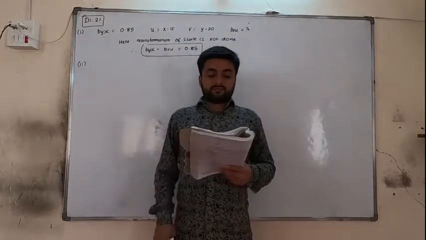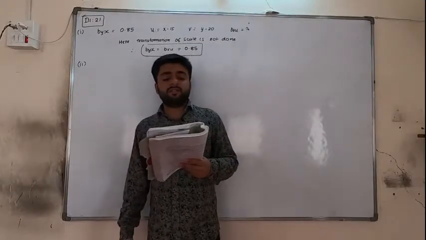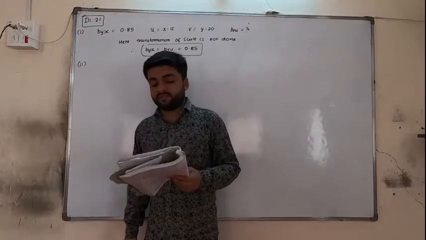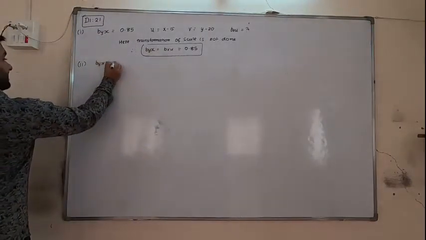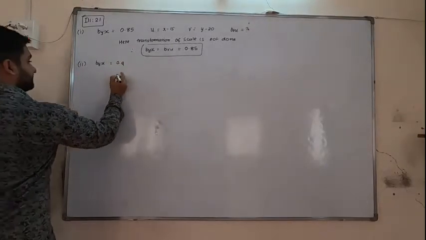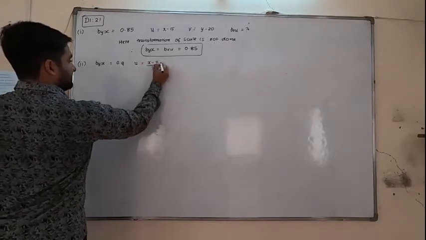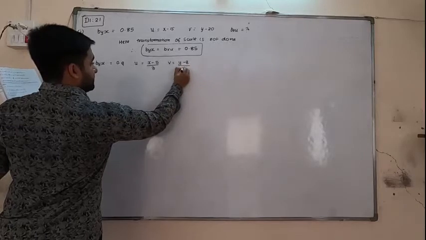Second one: u is equal to x minus 5 by 3, v is equal to y minus 8 by 5, b y x is 0.9. Find the value of b v u. So b y x is 0.9, u is equal to x minus 5 by 3, v is equal to y minus 8 by 5.